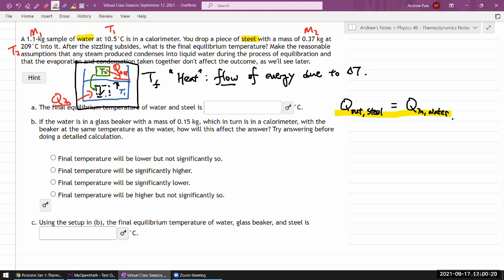This will have to come from your chapter reading: the amount of heat transferred can be related to something we call specific heat capacity, which I'm going to indicate with the letter C. Specific heat capacity is related to heat transfer by that constant times the amount of mass, and together this is sometimes called the heat capacity.